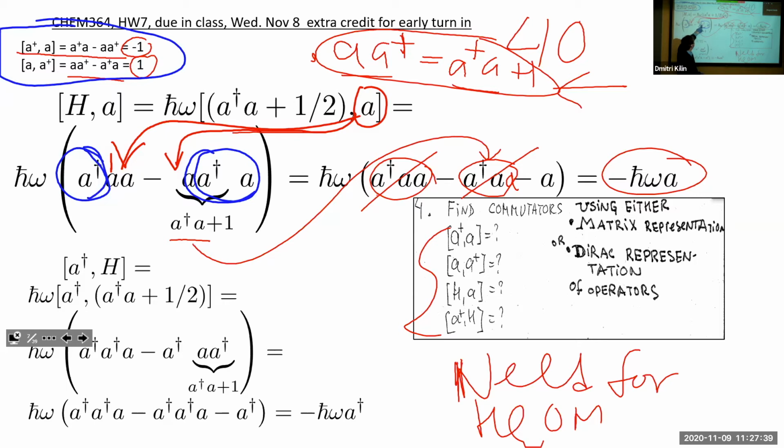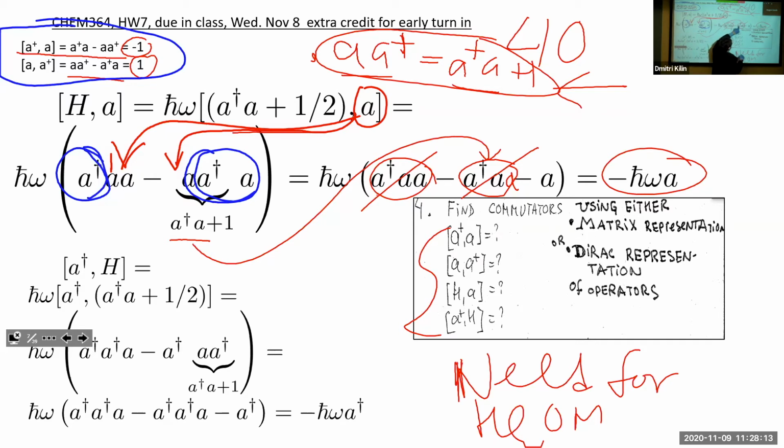And if one looks at the first two factors and applies this property, then one can replace annihilation and creation with creation and annihilation plus one. So we plug it in, and then we are getting the same order. So a dagger a, and then multiplied by a once again, right?